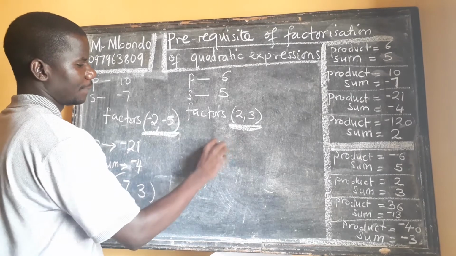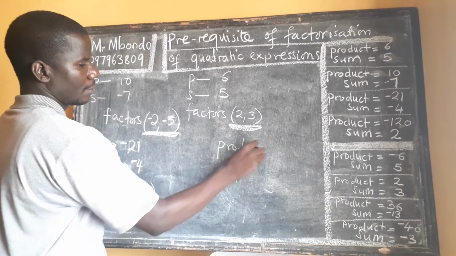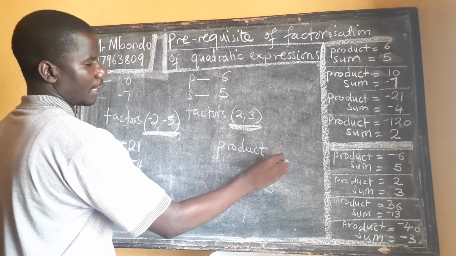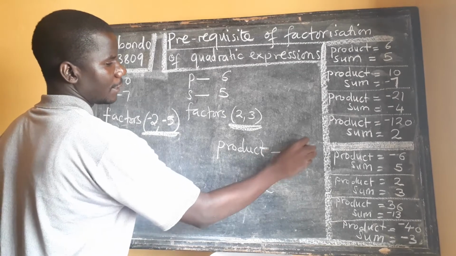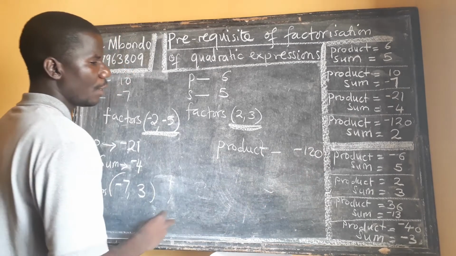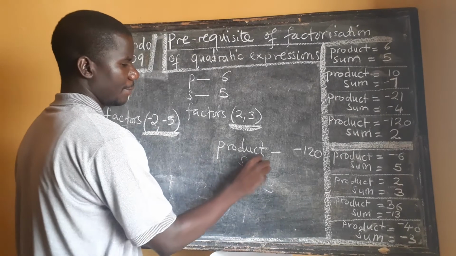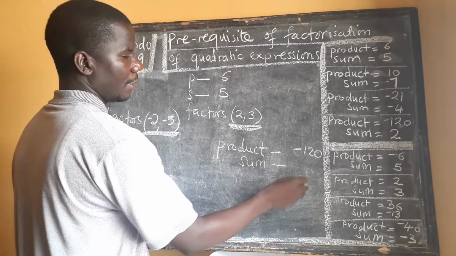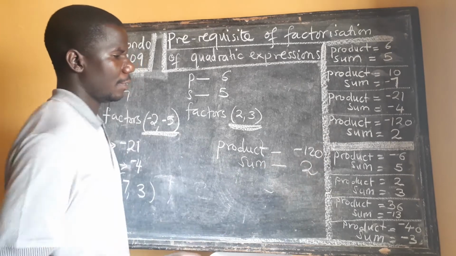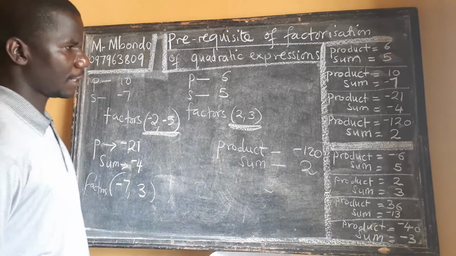The product is negative 120, the sum is 2.